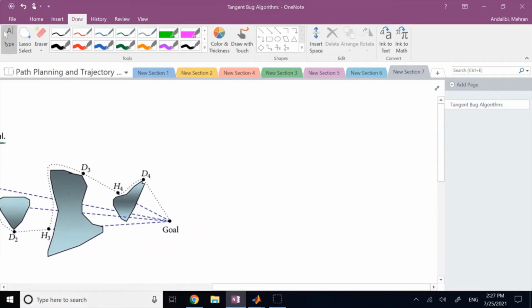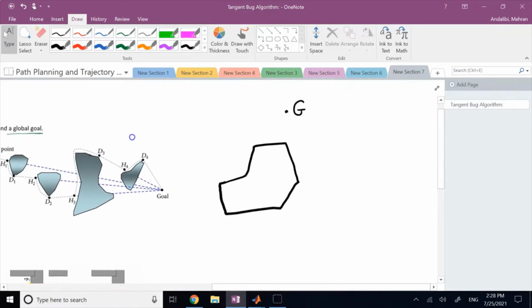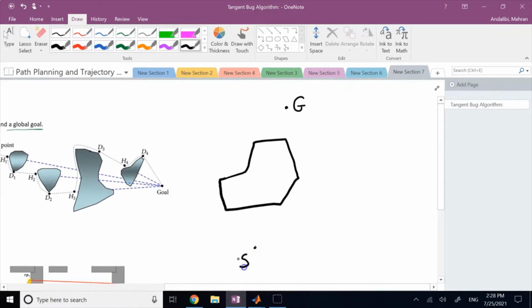And what do Bug1 and Bug2 do? In Bug1, if you have an obstacle like this, and this is your goal, so here I just make it very simple, and this is your start point.